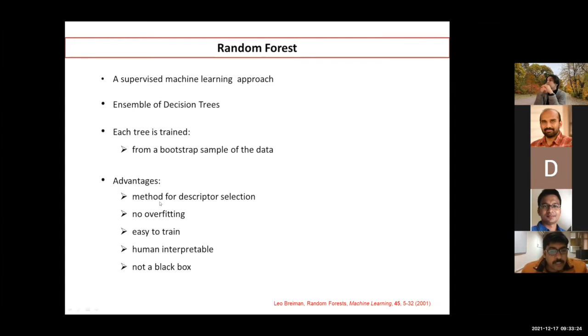First, we can choose the descriptors which are decisive factors for classification. Another is that there is no overfitting in this method, because we are using a voting method and are not biased to one metric or another. Second, it's very easy to train. We can interpret it very easily. There's no black box in this.